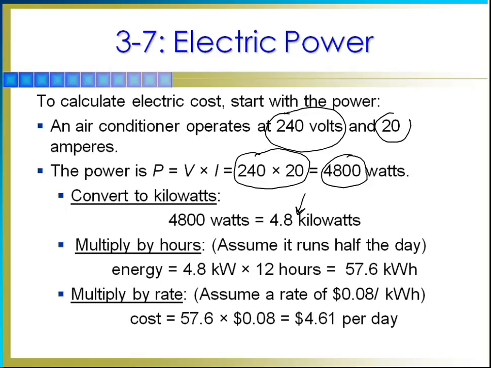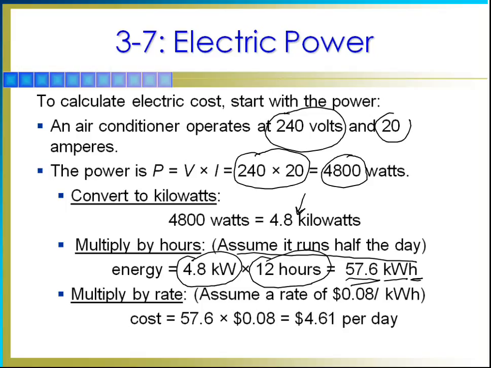Now, how many hours is it running? Well, here it says it's running half a day. So the power rating times the number of hours that it's rated to run. So 4.8 kilowatts times 12 hours equals 57.6 kilowatt hours.